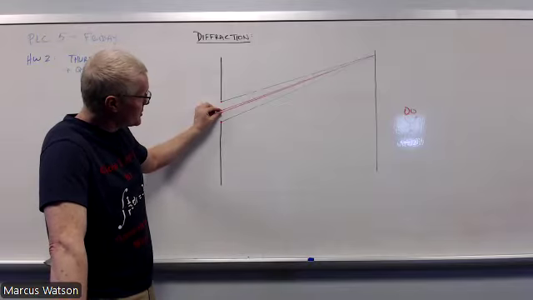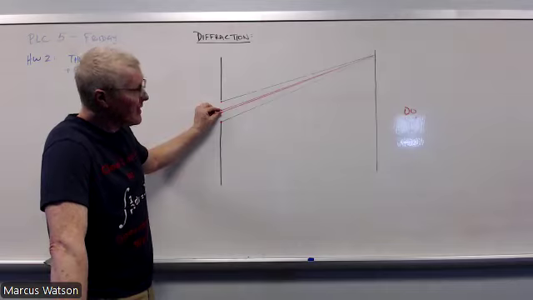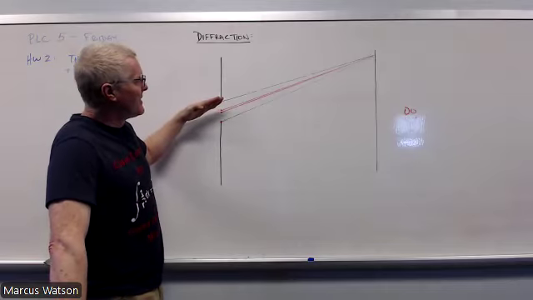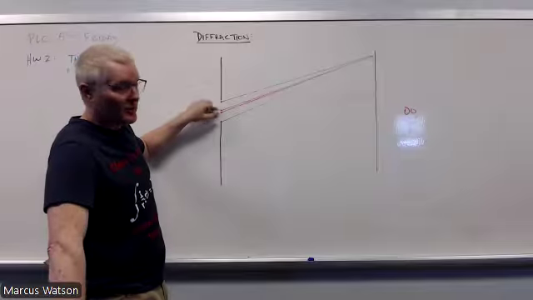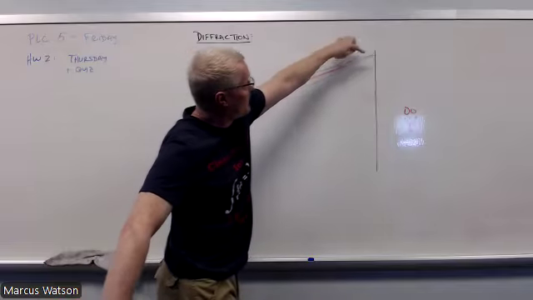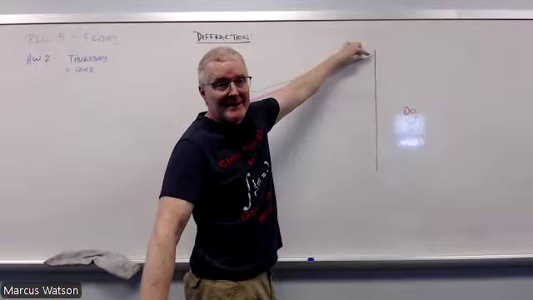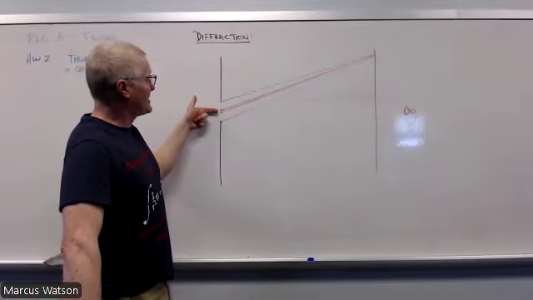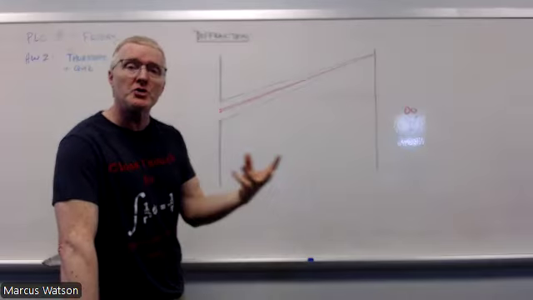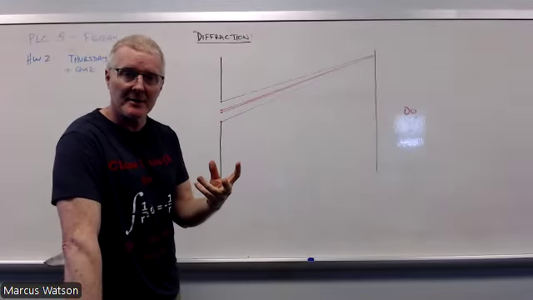They're so close to each other that for all intents and purposes, their path from this point within the slit to over there on the screen is basically the same. That means that they are more prone to constructive interference, right?